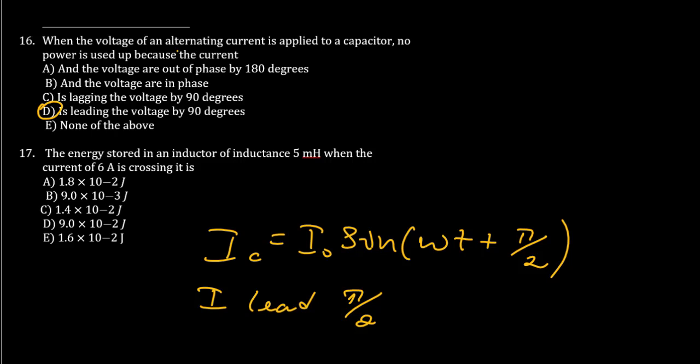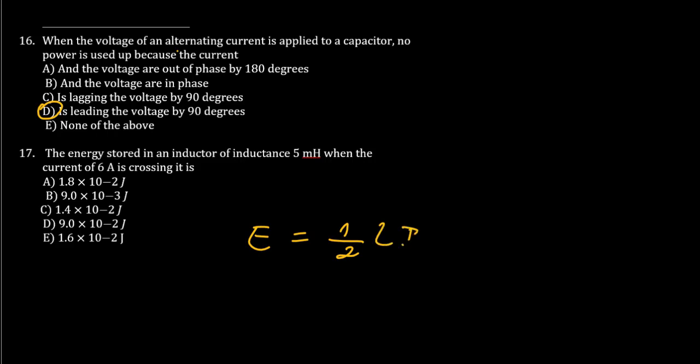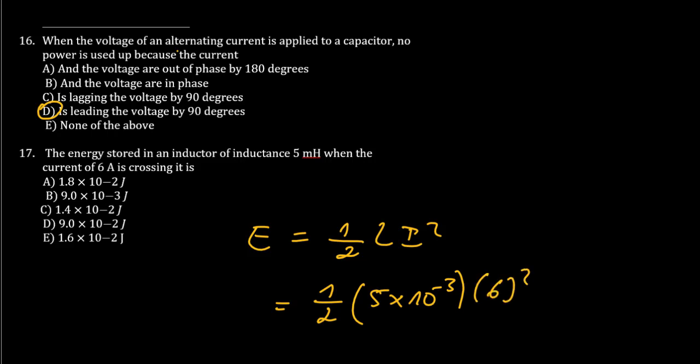Question number 17. The energy stored in an inductor of inductance 5 millihenry when the current of 6 ampere is crossing it is, so the energy E is given by a half L i squared. So we get a half into L, the inductance 5 millihenry, that's 5 times 10 to the negative 3, times the current squared, that's 6 squared.